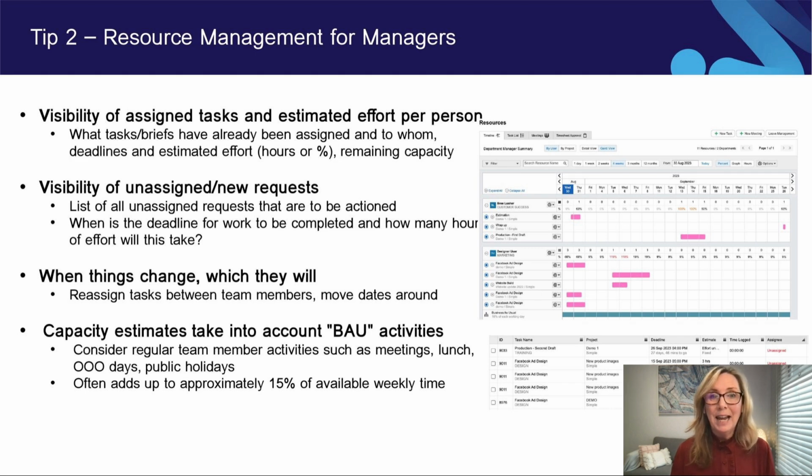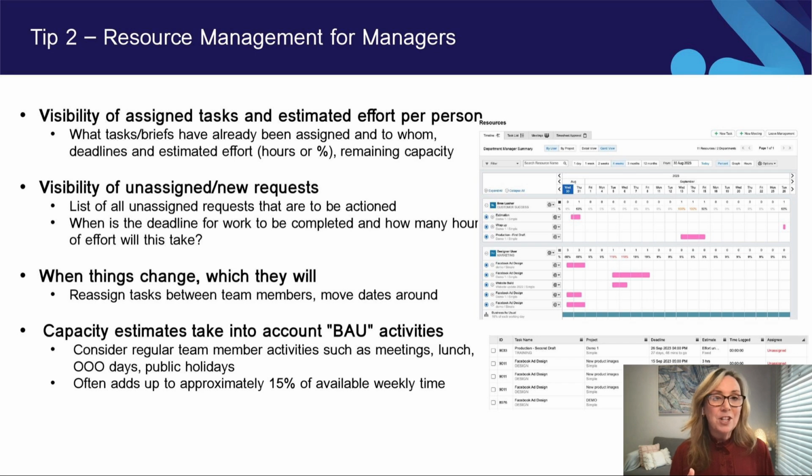Some of the other things that we want to think about when we're doing resource management in capacity planning is to take into account what we call BAU activities. So BAU activities are things such as you might have a daily stand-up, a weekly team meeting, work in progress meetings. People, we want them to take breaks and take lunch, for example. They might only work a 9-day fortnight. So when we're looking at our capacity planning, is all of that taken into account?